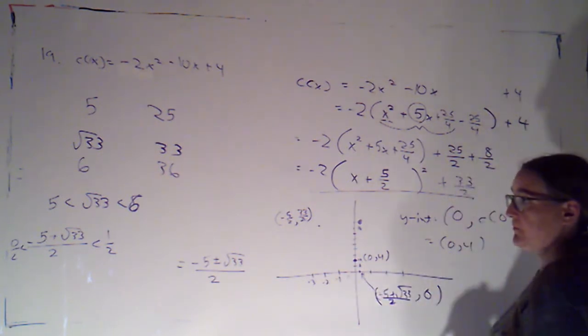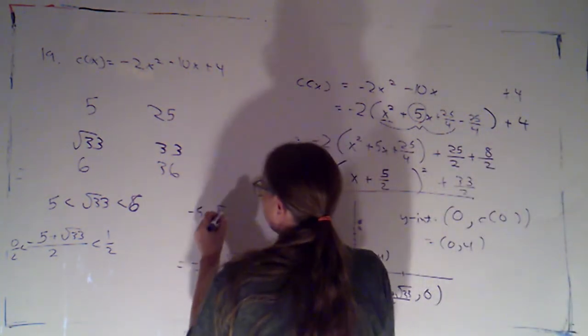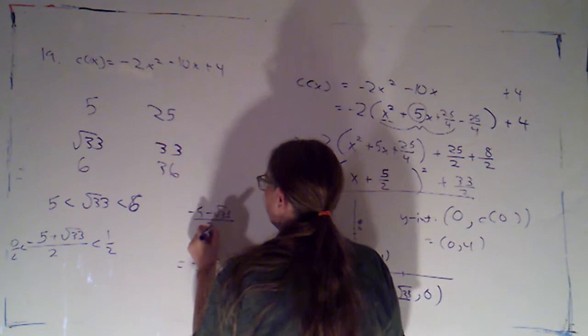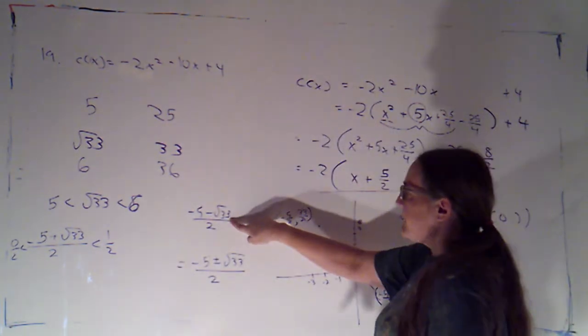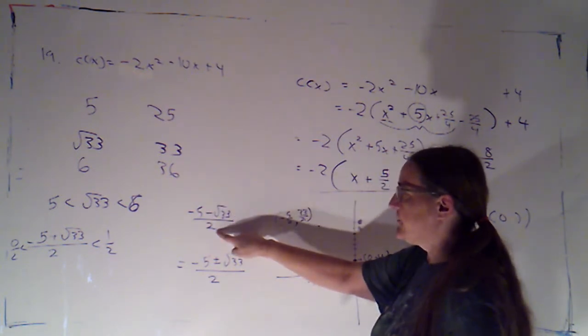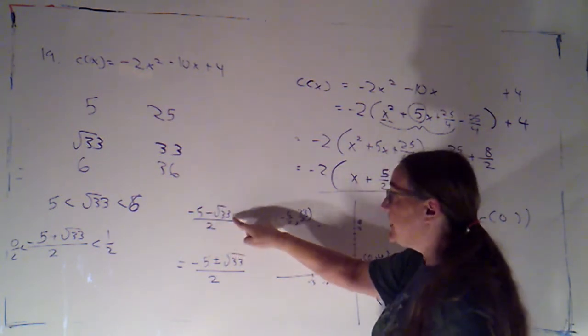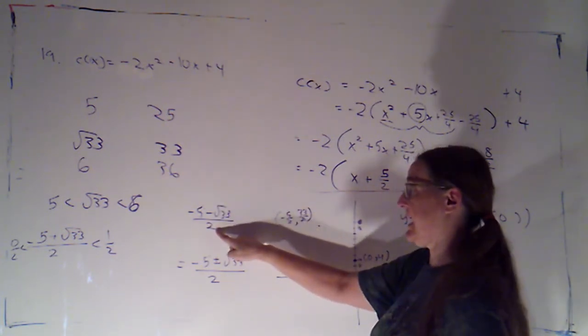Now, if I look at negative 5 minus the square root of 33 over 2. Okay. If this were 5, negative 5 minus 5 would be negative 10 over 2. That would be negative 5. If this were 6, I'd have negative 11 halves.